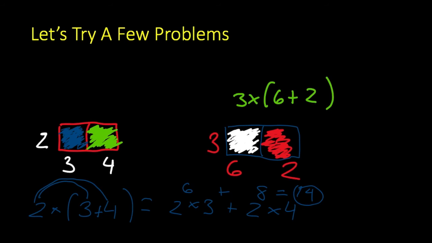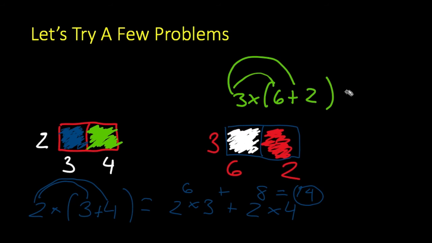Now let's try to calculate this. So we're going to do 3 times 6 and then 3 times 2 and then add both answers. I'm going to do it with some more space so you guys can see the total.